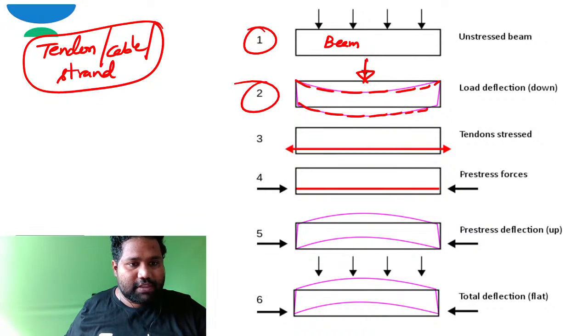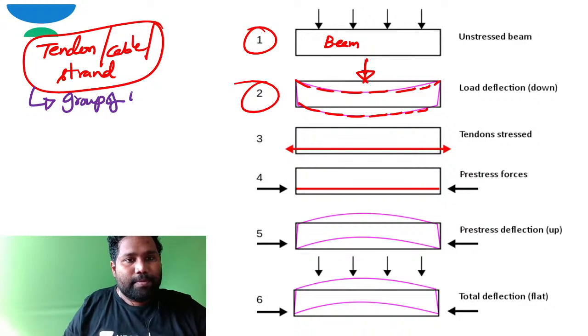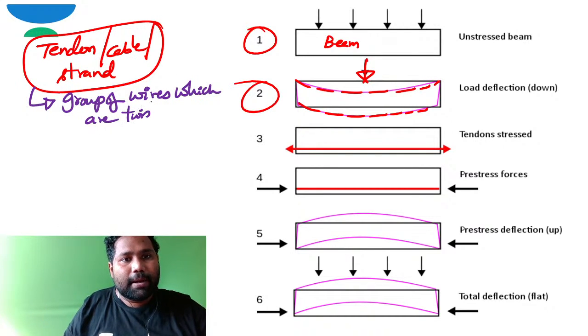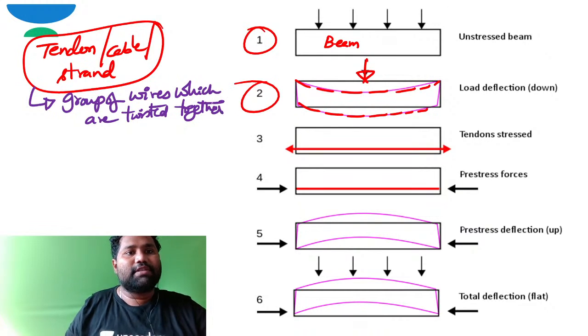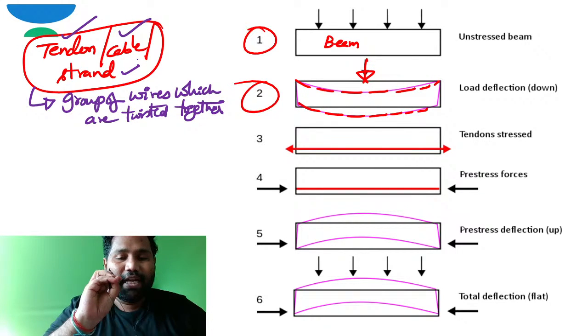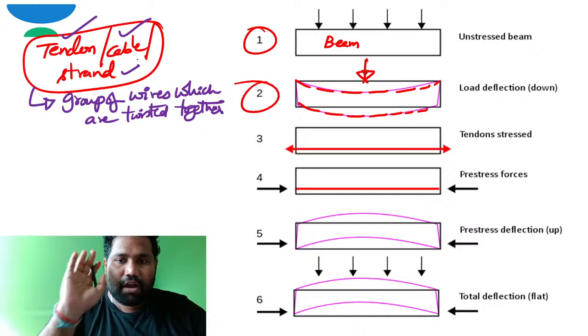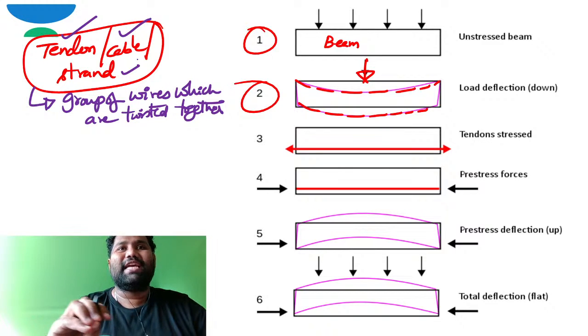It is a group of wires which are twisted together. Such a group of wires twisted together, we can call it a tendon or cable or strand. Generally, we use the terminology tendons in the case of pre-stressed concrete. Just like reinforcement, in pre-stressed concrete it is nothing but tendon.